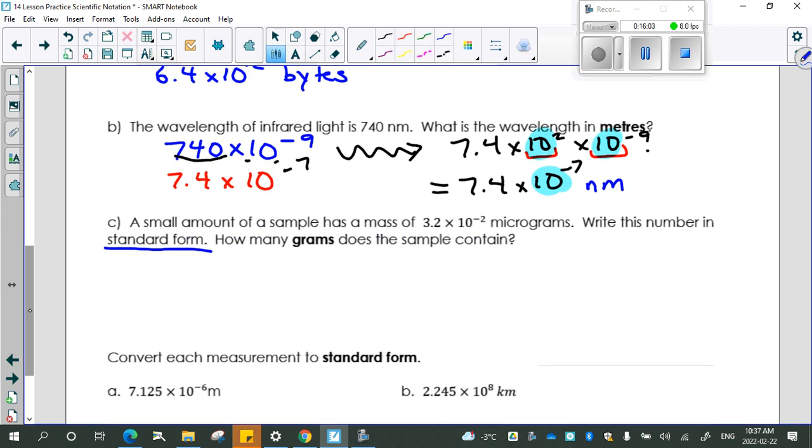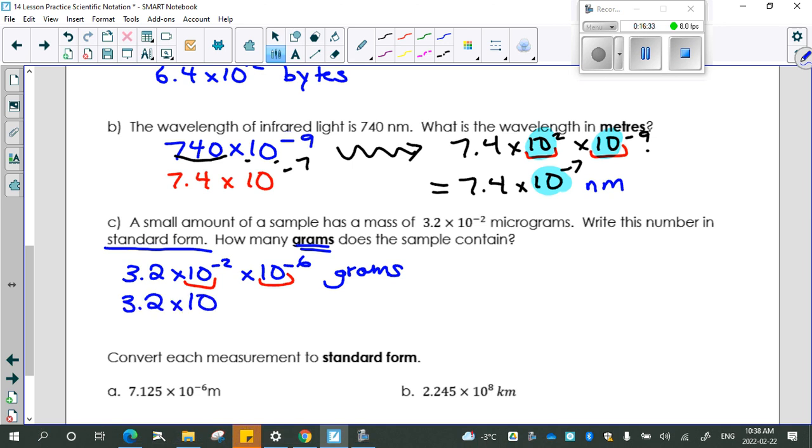So we've got 3.2 times 10 to the negative 2 times 10 to the negative 6. Grams, sorry, because it's asking me for grams. So again, I'm going to keep the base the same and add the exponents. So negative 2 plus negative 6 is negative 8.